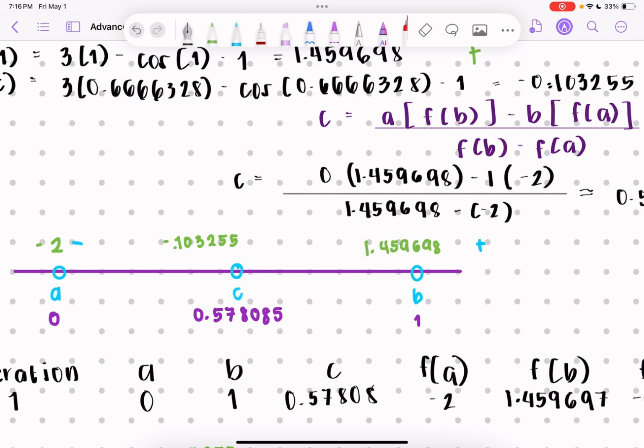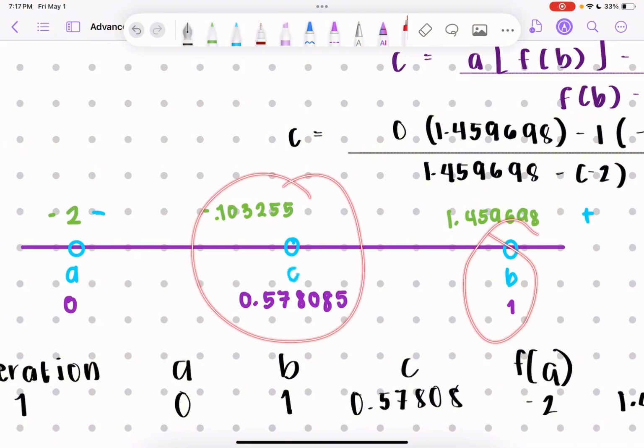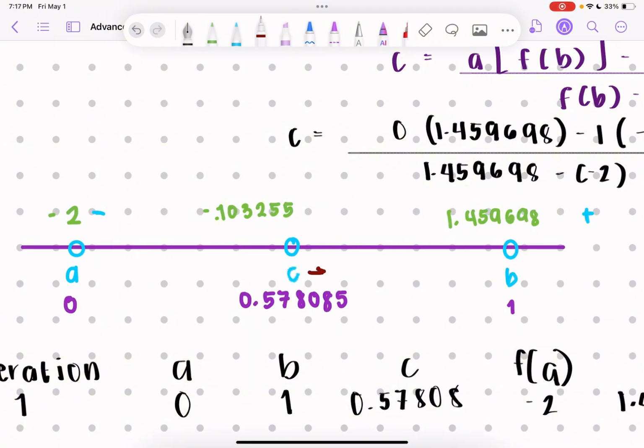If we choose this and this to be our new A and B, then it would be wrong. So for this scenario, we are going to choose the opposite signs, which is negative and positive, and that would be C and B. This means that your C would be your new A and your B would stay the same.